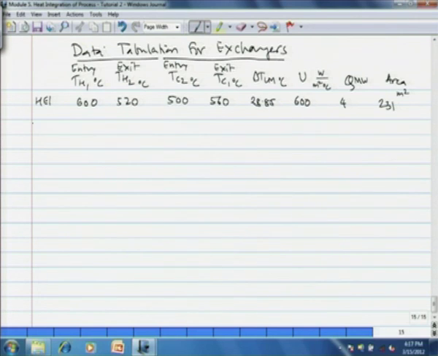Similarly, for HE2, I am directly giving the data. This is pretty easy exercise. I leave it to you for detailed calculation.